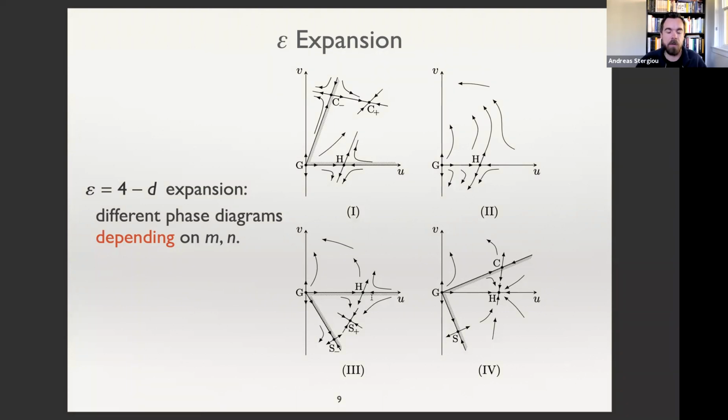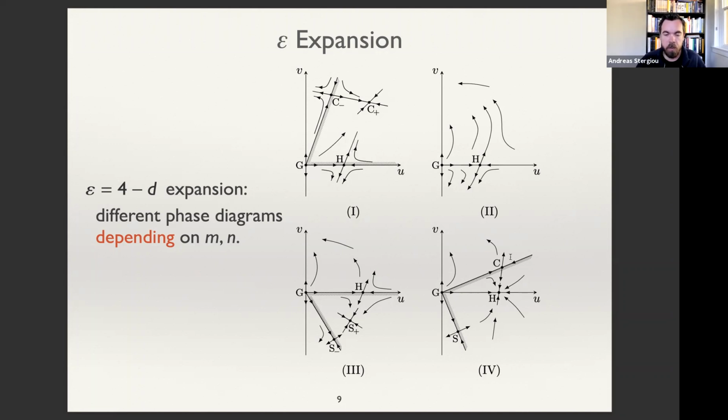Depending on M and N, and you can compute the M and N for which these transitions happen, you can compute them in the epsilon expansion as a function of epsilon and find exactly the regions, if you want, for M and N for which you are in any of these 4 situations.